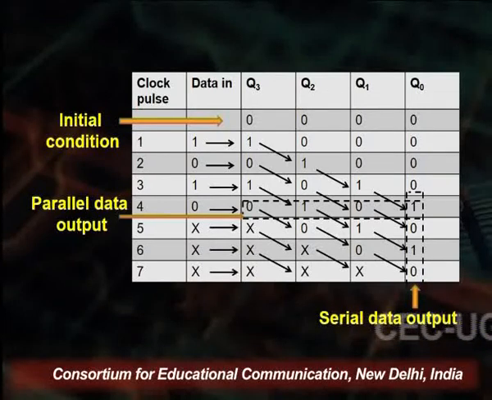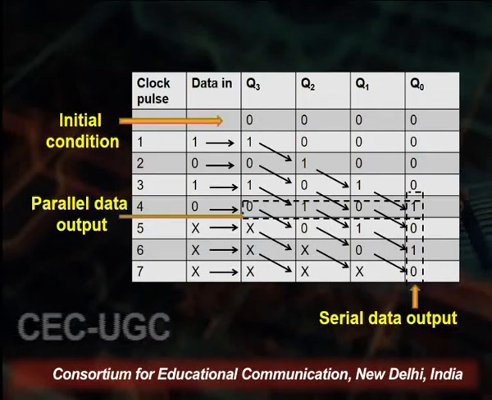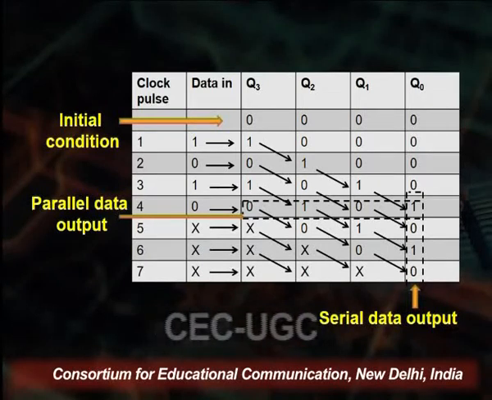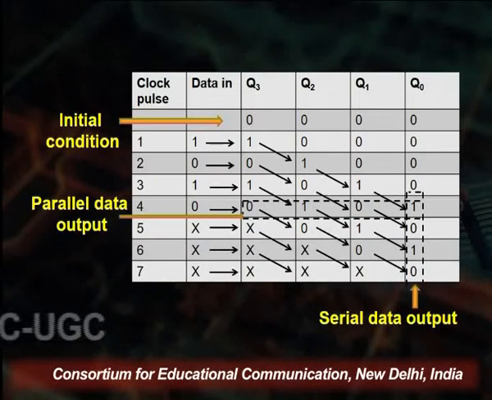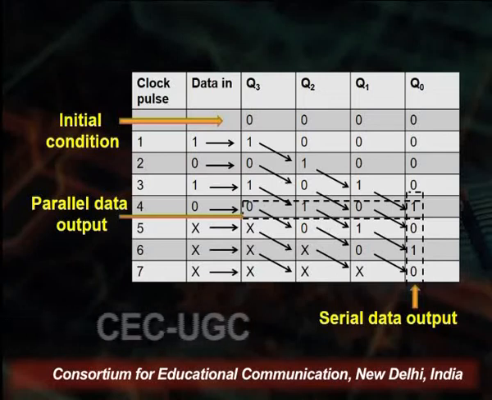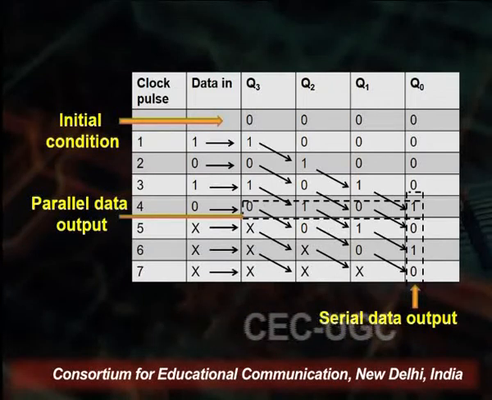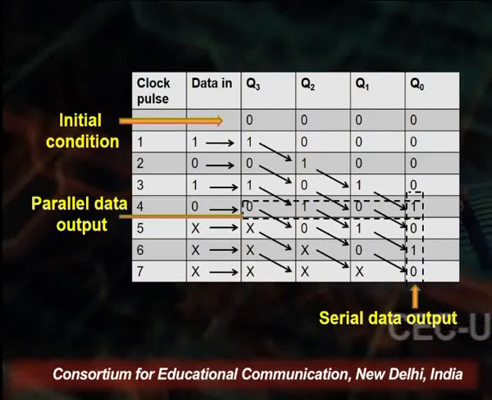That is, the first two zeros in Q3 and Q2 are the initial zeros, they are not the data. That's because we would have cleared all the flip-flops and our Q3, Q2, Q1, Q0 outputs were 0000.